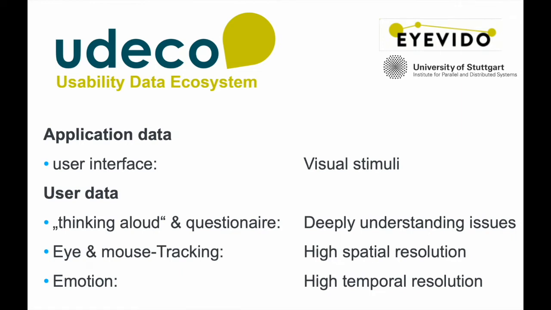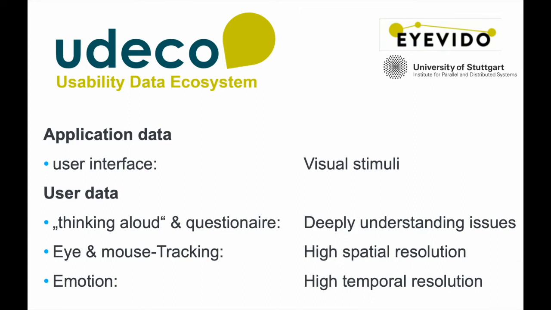So this is part of this project where Deki will also talk about a little bit. And the core idea is that when we have this visual stimuli where we want to understand how users interact, we also want to have a multitude of data that allows us to do so. So one very simple extension is to have a thinking aloud protocol of the users.